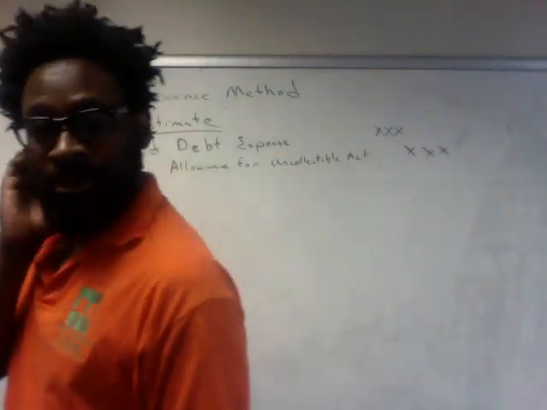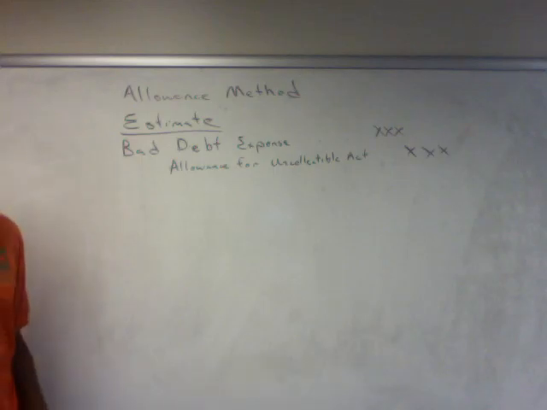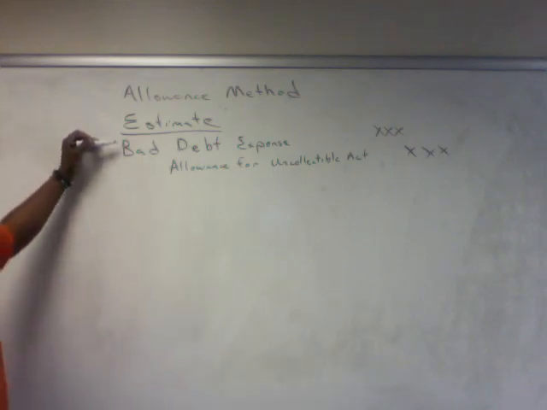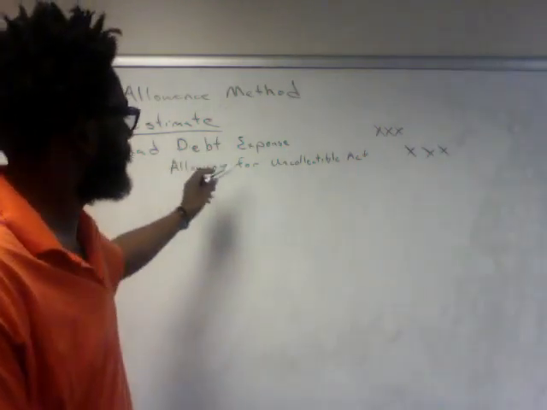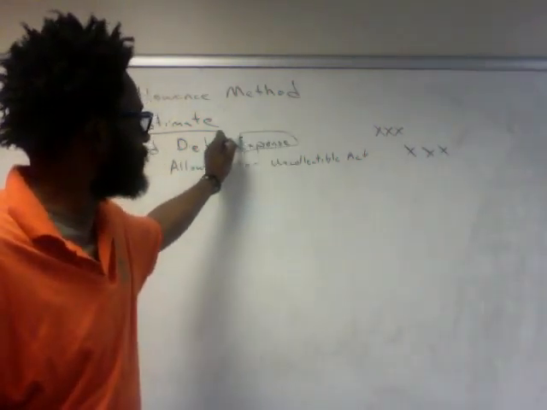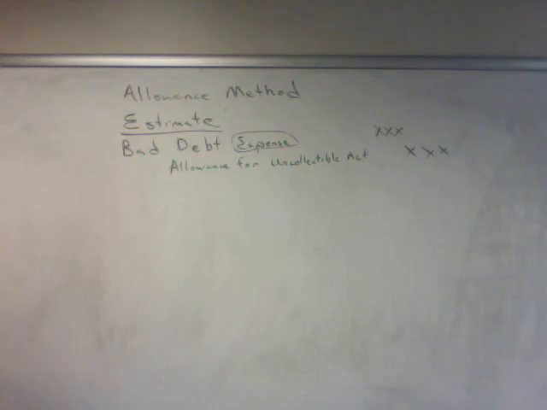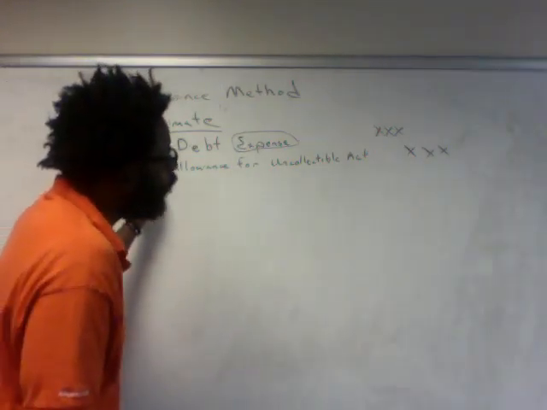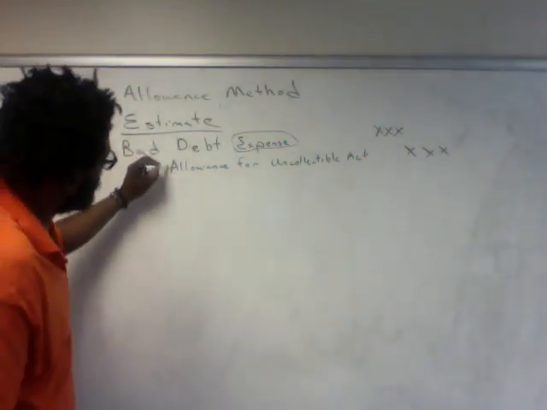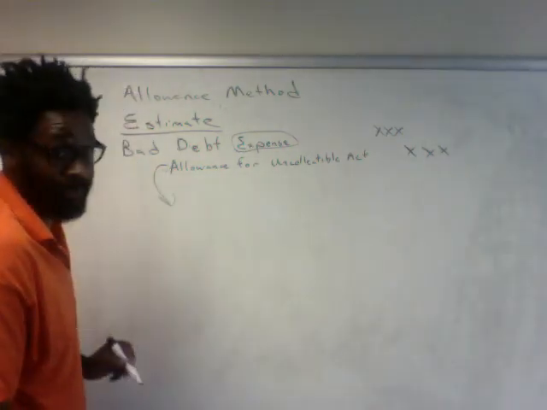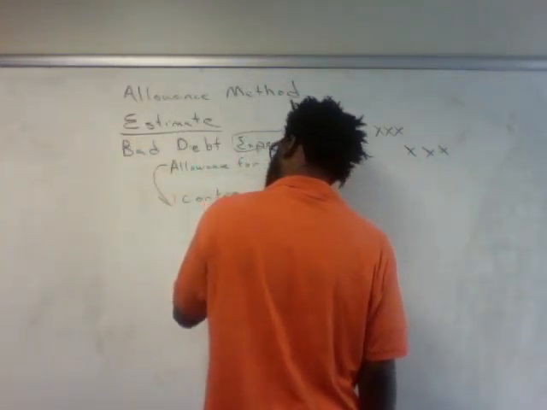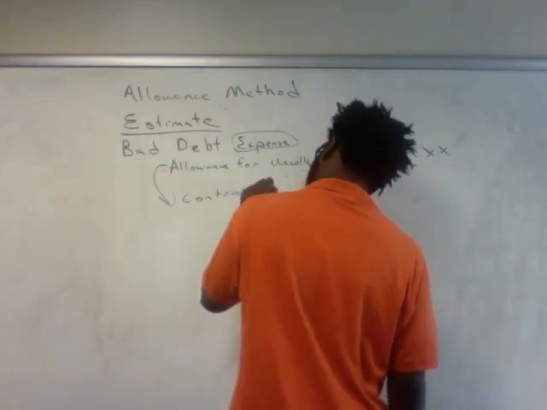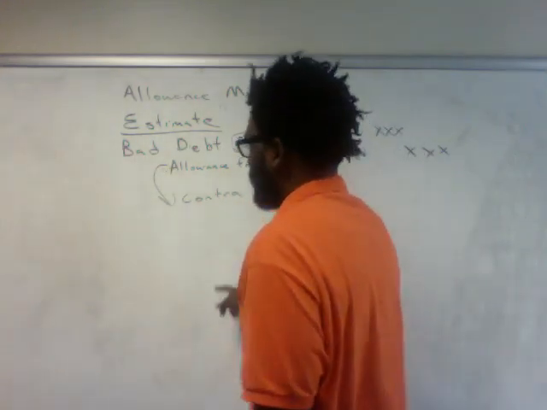So your estimate journal entry will always be under the allowance method, a debit to bad debt expense, a credit to allowance for uncollectible account. We know bad debt expense, last name is expense, so this belongs on the income statement. And we need to know what this is. Allowance for uncollectible account is a contra account. We know what contra accounts do because we've seen them a couple of times. They affect other accounts.